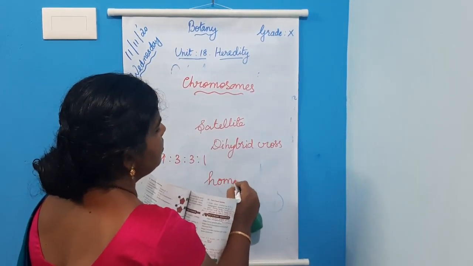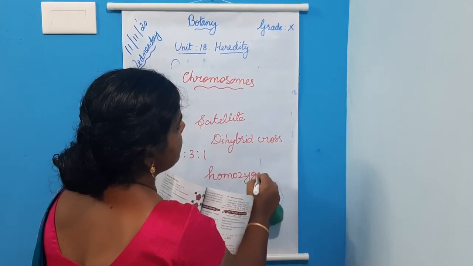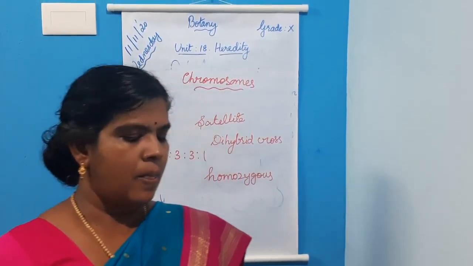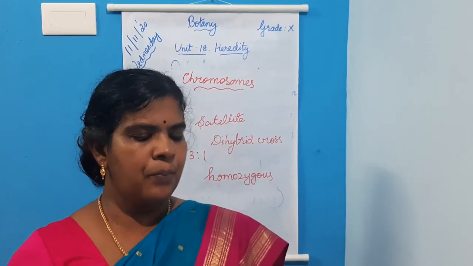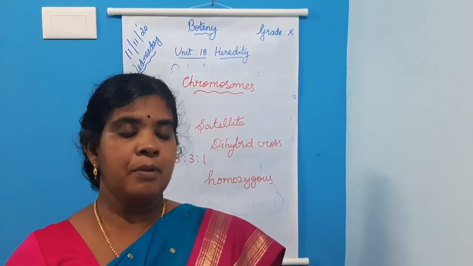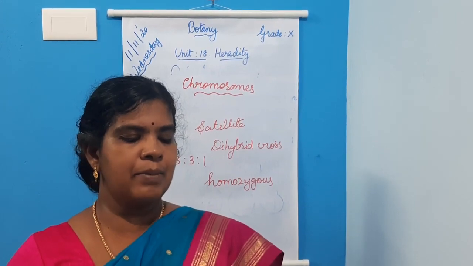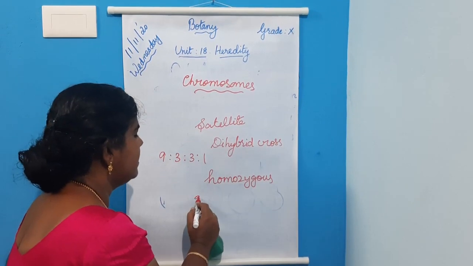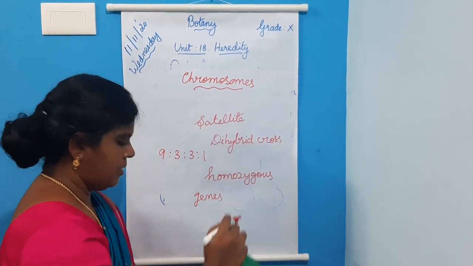Homozygous. Number 4, number 3 is written already. Number 4, what is the name given to the segments of DNA which are responsible for the inheritance of a particular character? Genes.